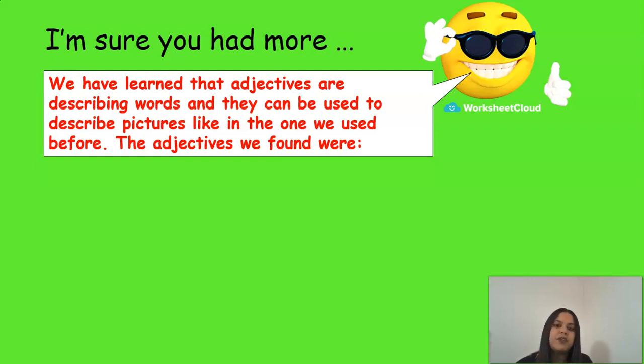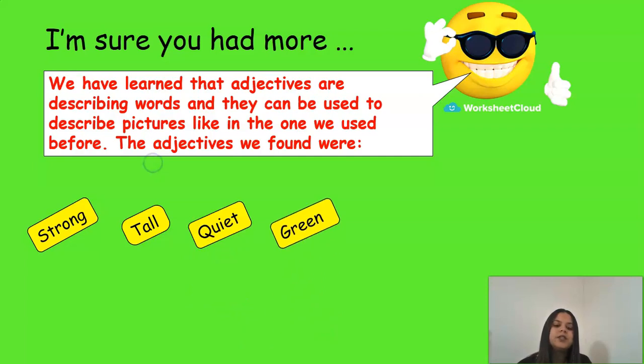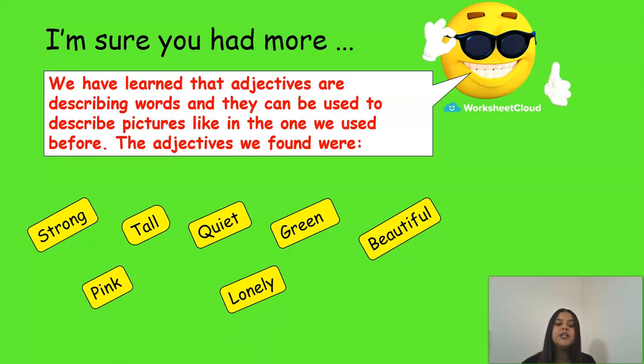So it's perfect if you have your own adjectives as well. Strong, tall, quiet, green, beautiful, pink, and lonely. Those are the ones that I took out of that picture. So I hope that you had some of them at least, or if you've gotten different words or synonyms, that's fine too.